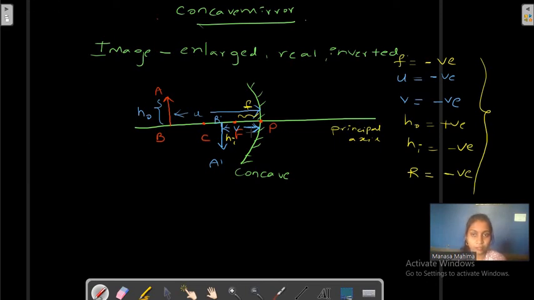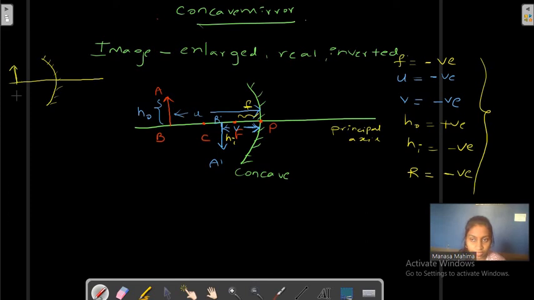But why do we need to learn this? You may have this doubt, right? If I take a concave mirror like this, you may see the position of the object to be here.